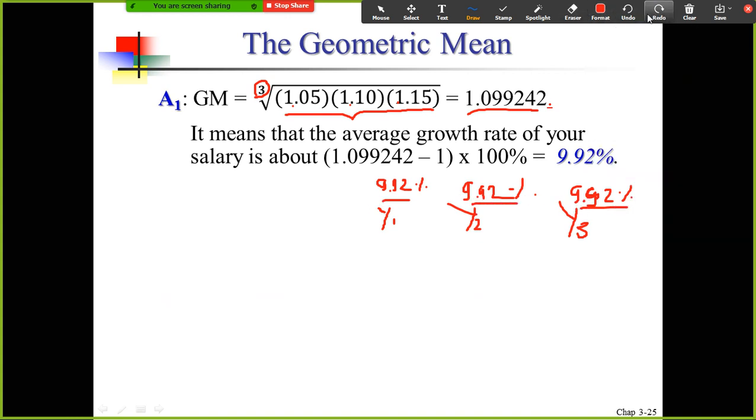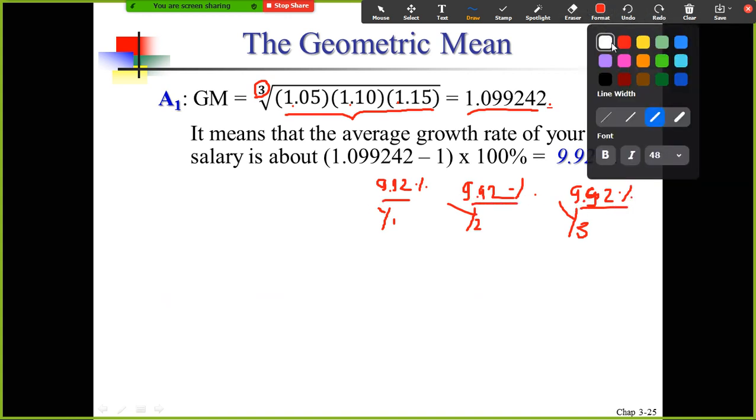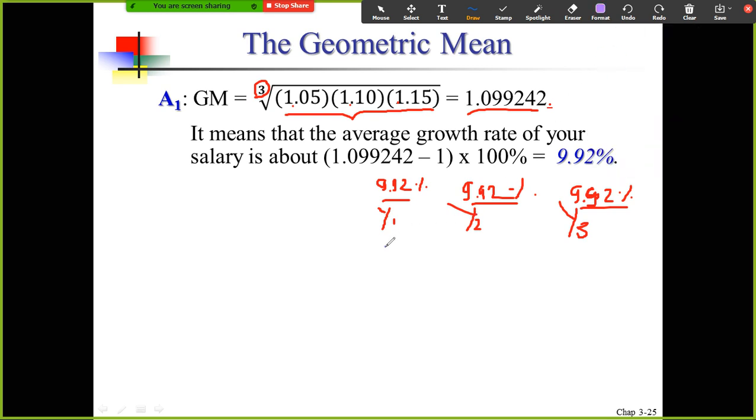But how about the real growth rate? Next year 5%, next 2 years 10%, next 3 years 15%. This is actual data that we got from announcements. This is the average growth rate. Every year our salary increases at the same average growth rate like this one. Okay.